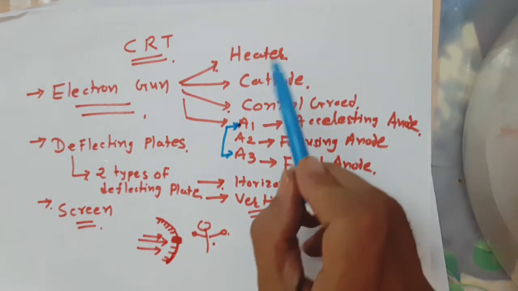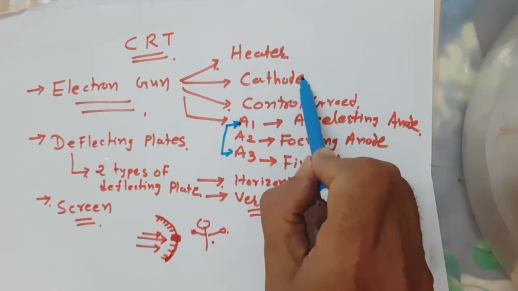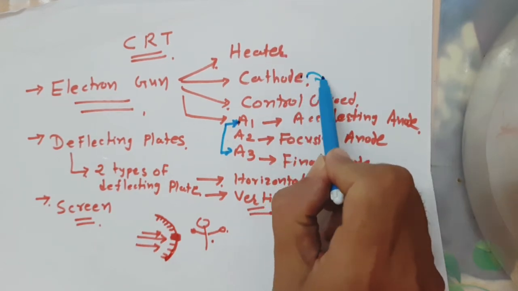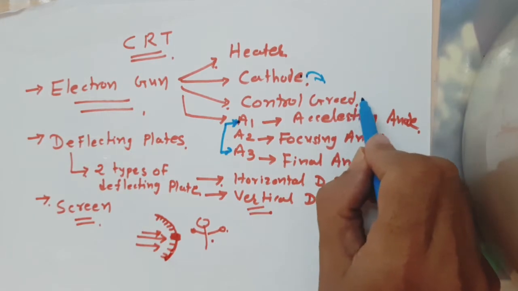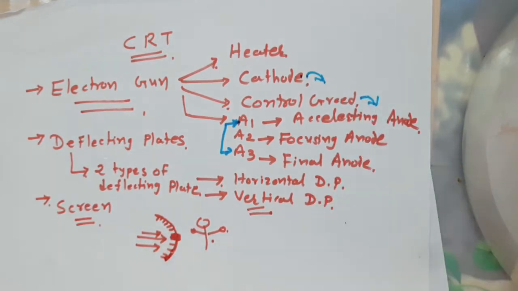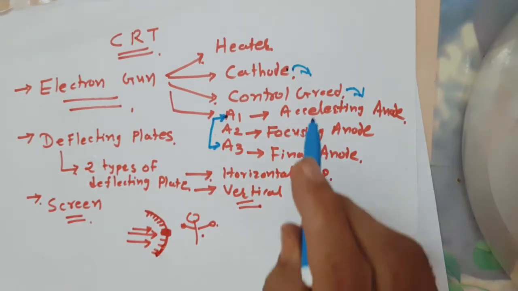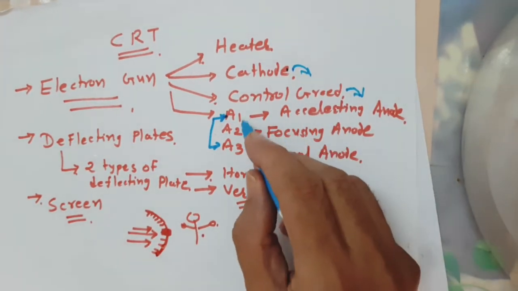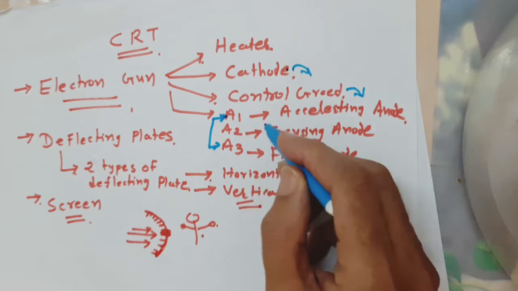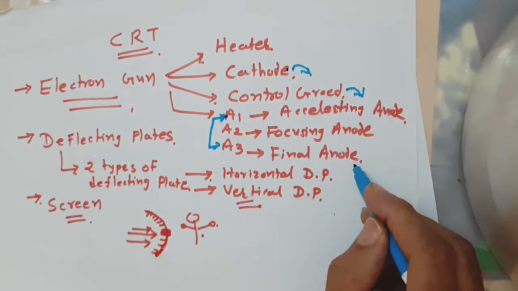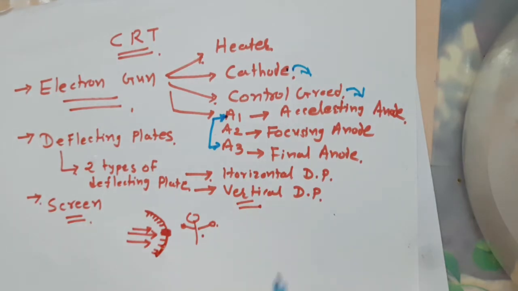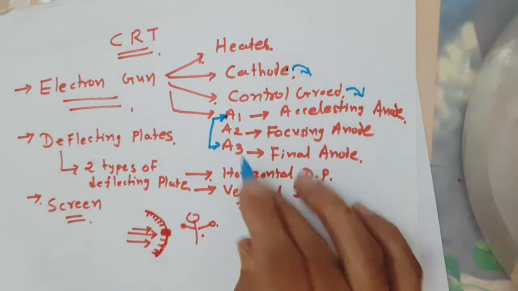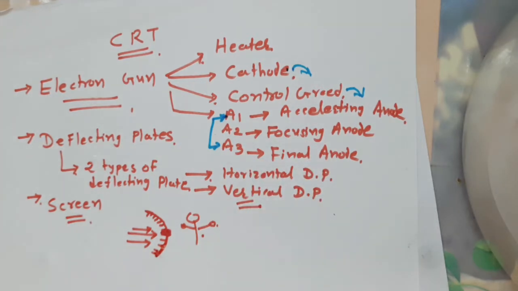The heater gives heat to the cathode, and the cathode generates electrons. These electrons are given to the control grid, which has a hole, and they pass through it to the accelerating anode, focusing anode and final anode, through which they are focused and accelerated, and the final number of electrons passes to the screen of the CR tube.